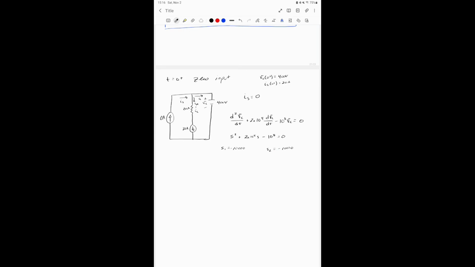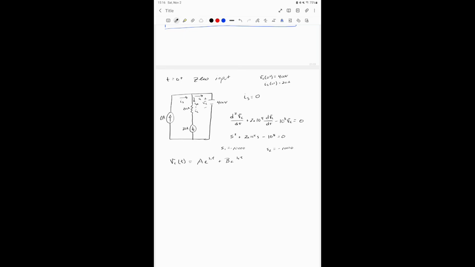So this is actually a critically damped system based on the roots that we found. The important thing to note about the critically damped system is normally we have the general solution, like when we do VC of t is equal to A e to the S1 t plus B e to the S2 t, right? That's typically how we'll solve this problem.